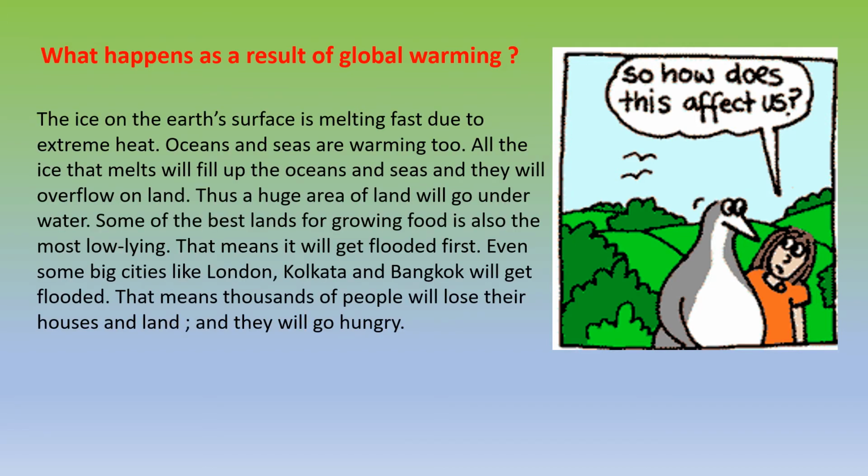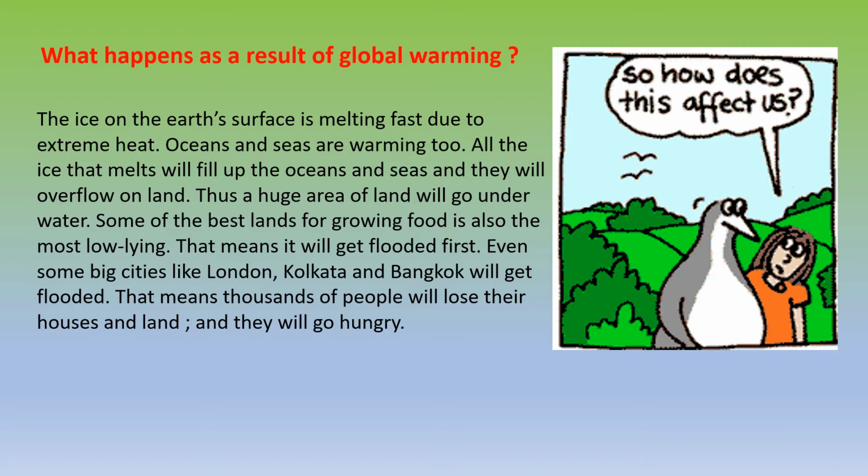The ice on the Earth's surface is melting fast due to extreme heat. Oceans and seas are warming too. All the ice that melts will fill up the oceans and seas and they will overflow on land. Thus, a huge area of land will go under water.